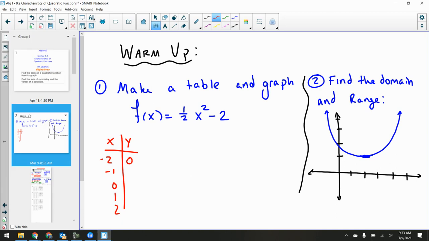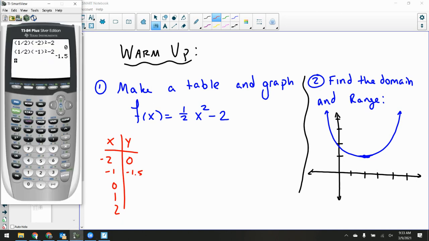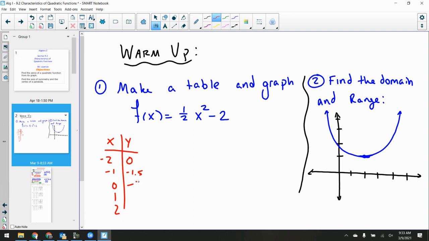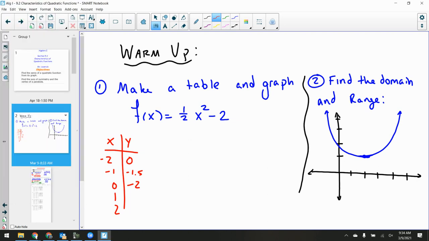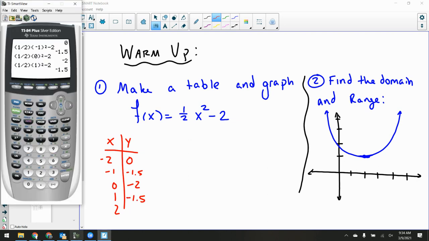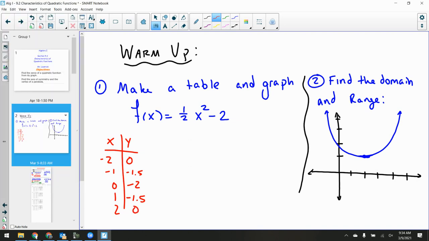And we get -1.5. We plug in 0, and we get -2. We plug in +1, we get -1.5. And we plug in +2, and we get 0. So those are my table.